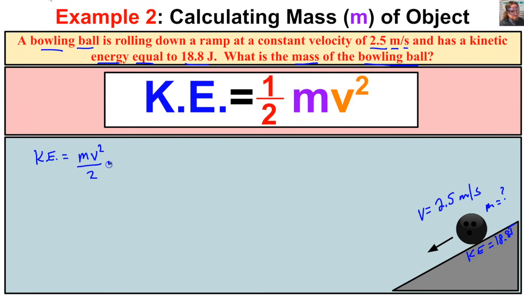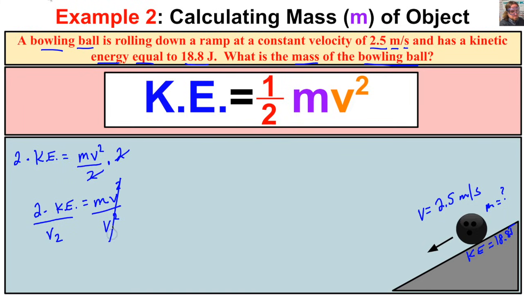And so we have to use some algebra here. We're going to multiply both sides by 2. If we do that, this cancels. And so now we have 2 times the kinetic energy equals the mass times the velocity squared. And so now, how do we get m all by itself? We're going to have to divide both sides by v squared.